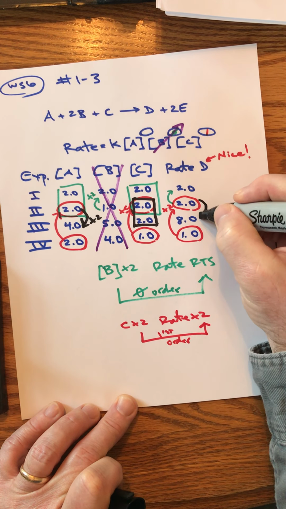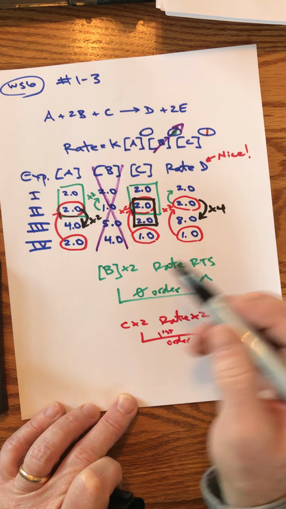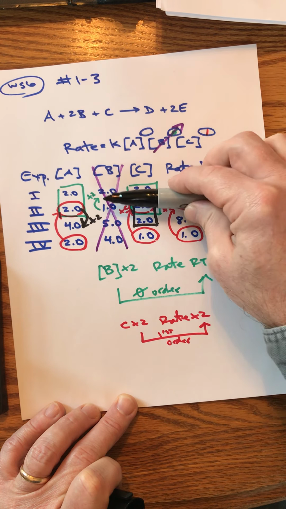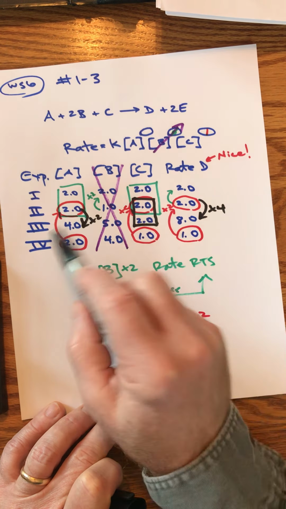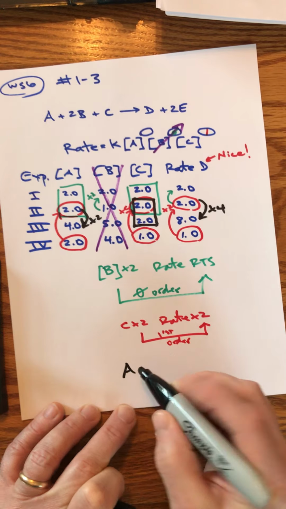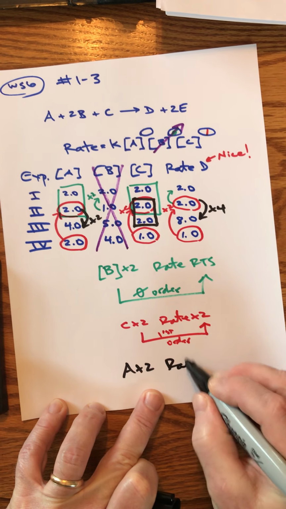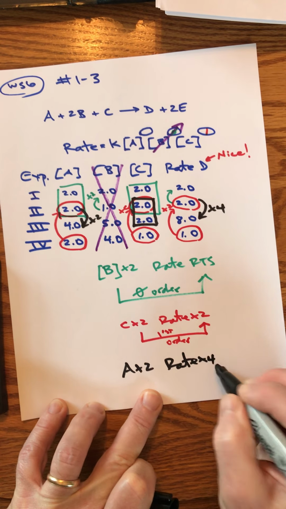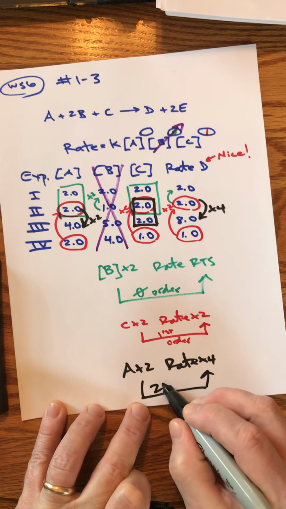What happened to my rate? It went up by a factor of 4. The only change I had between experiments 2 and 3 was A, the only change in reactant concentrations. So A went times 2, and my rate went times 4. Oh, A is second order.